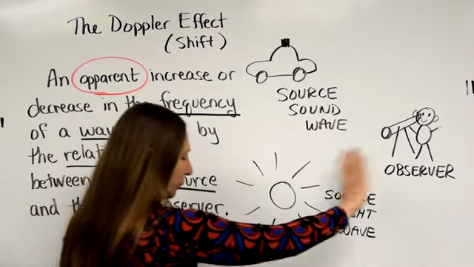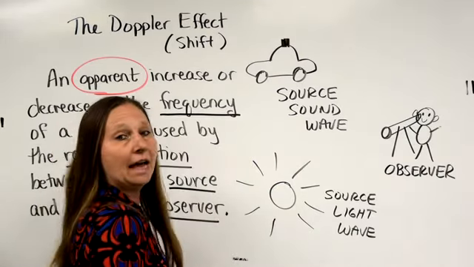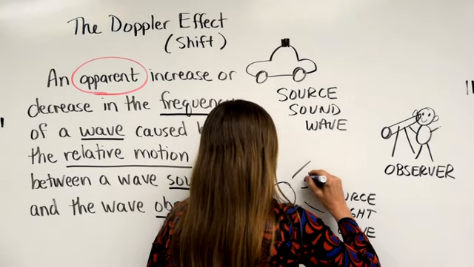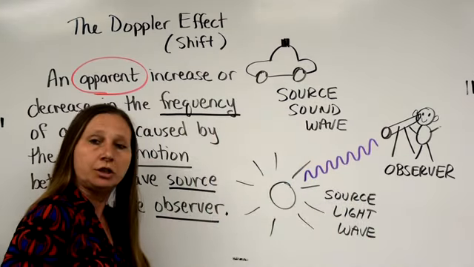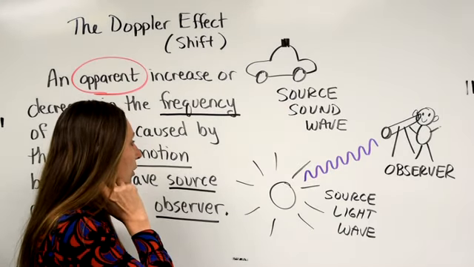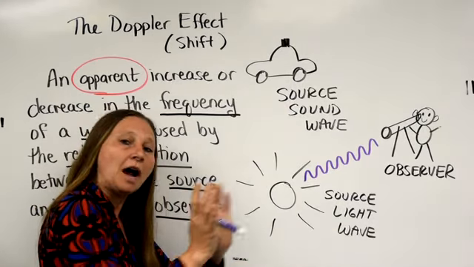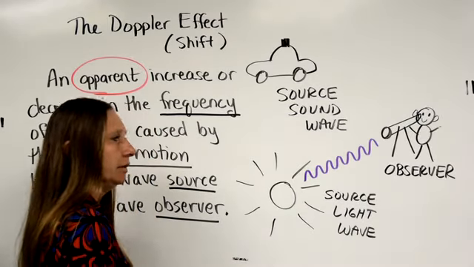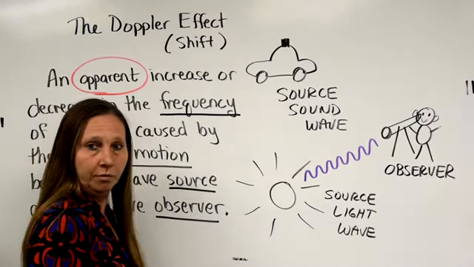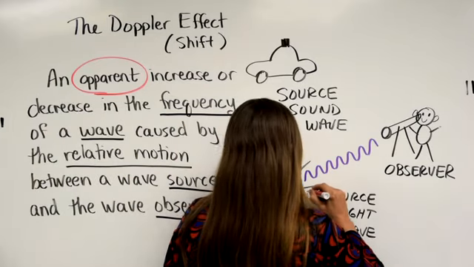If the star is going toward the person, then that green light might look violet. So when the person looks at the star, it's going to look bluish or violet, or toward that end of the spectrum. If the star is moving away from you, then it's going to look reddish.